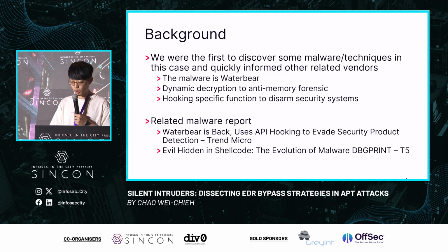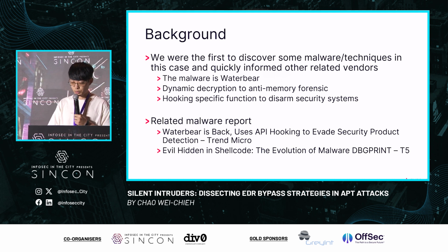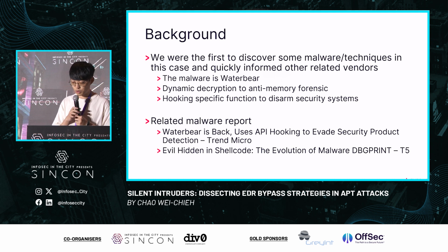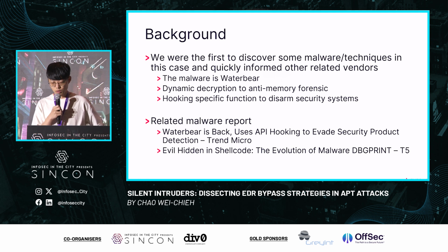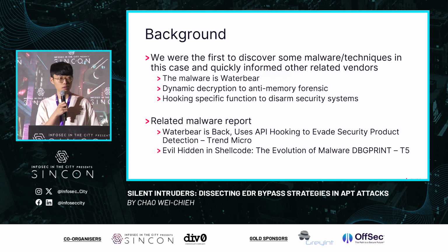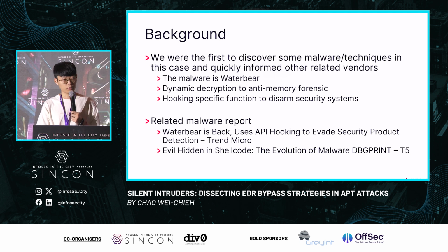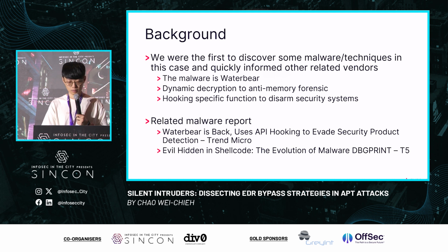The malware is Water-Bear, and it employs multiple techniques to evade detection, such as dynamic decryption to counter memory forensics, or hooking specific functions to hide its own behavior. We have published this case before, so today we will focus on how the attacker performed the API hooking on EDR in this case.